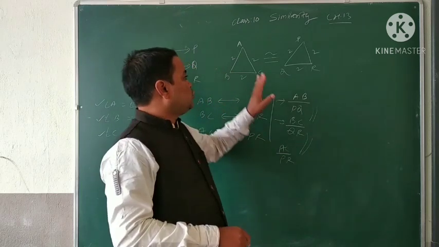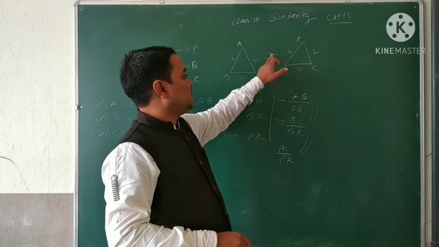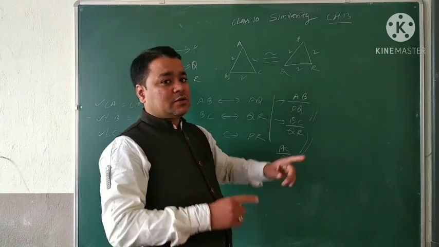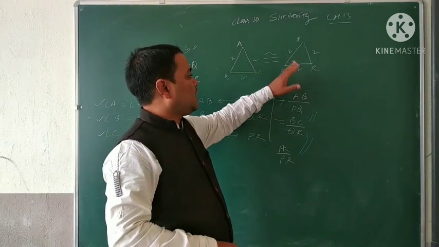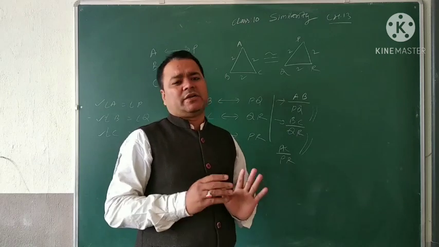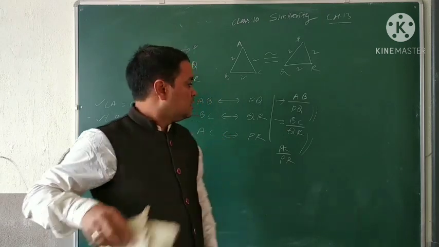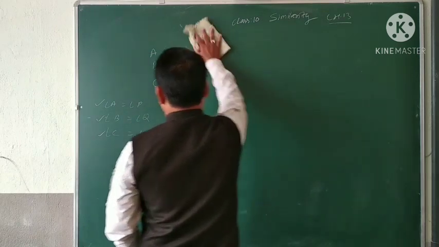If 2 figures are congruent, then 100% sure that these 2 figures are similar. But the converse is not always true. It means if 2 figures are similar, then they may be equal also and not equal also. Get it?